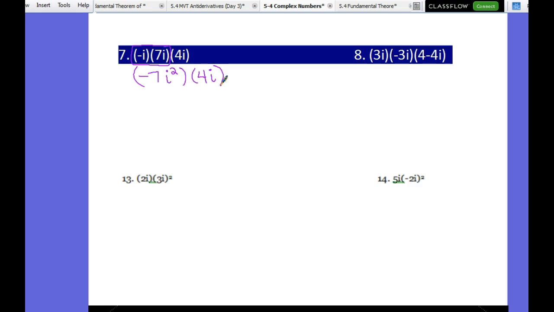So negative 7 times a positive 4 is negative 28, and i squared times i became i cubed. i cubed is negative i, so a negative times a negative gave me a positive 28i.